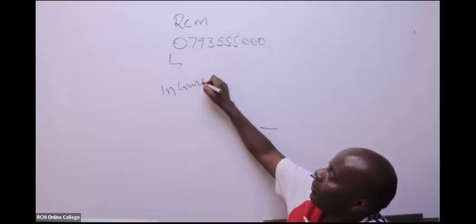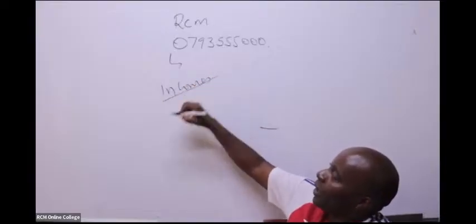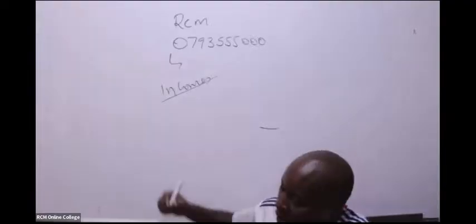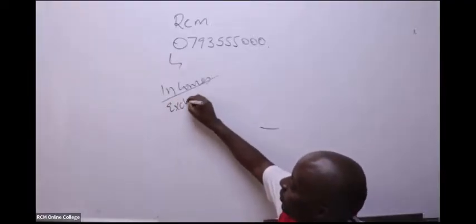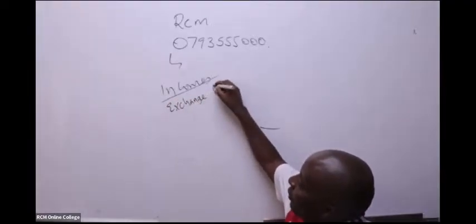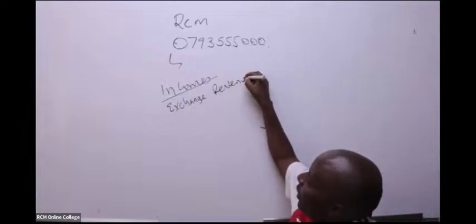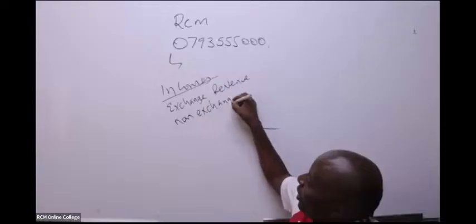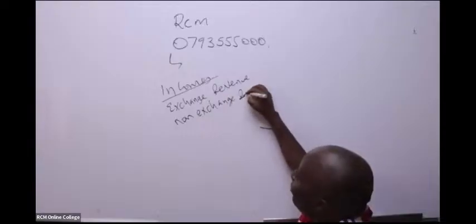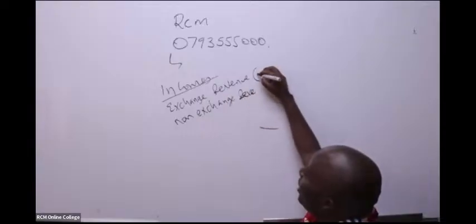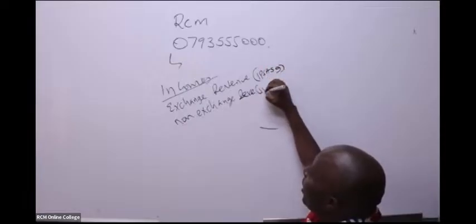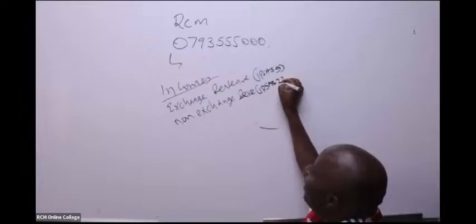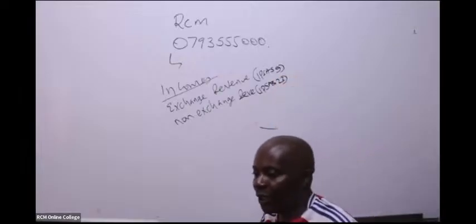Under incomes, you are going to have two types of incomes. We have exchange revenue income and non-exchange revenue income. This one is IPSAS number 9. And this one is IPSAS number 23.